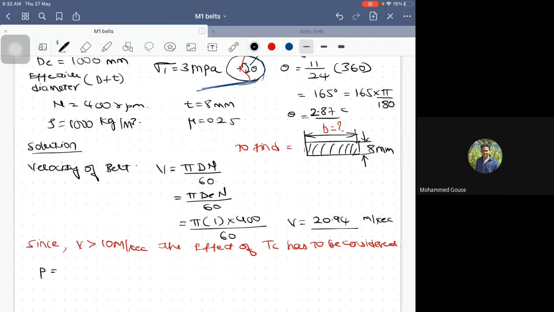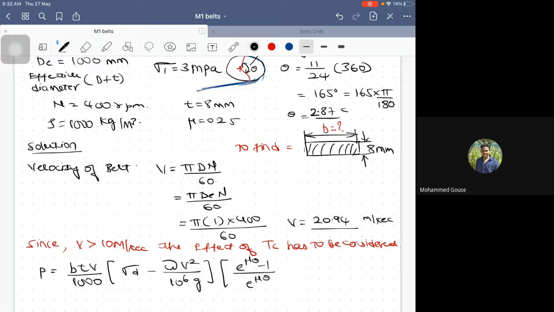So P is equal to BTV divided by 1000, not equal to, into sigma d minus WV square divided by 10 to the power of 6 g, into e to the power of mu theta minus 1 divided by e to the power of mu theta.